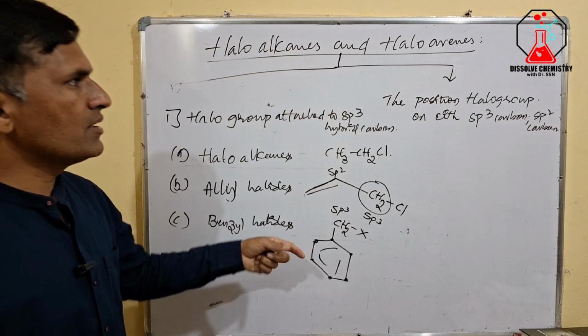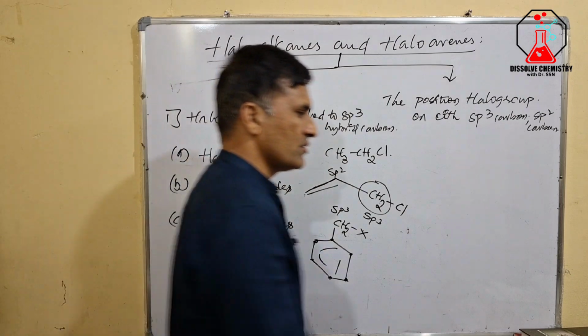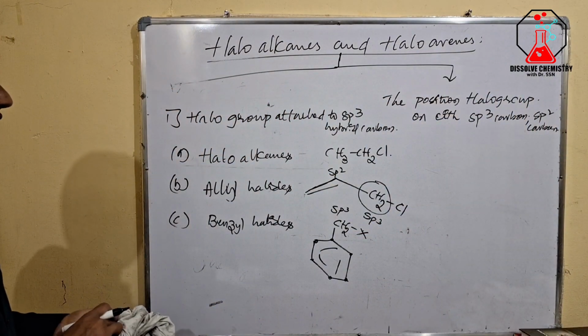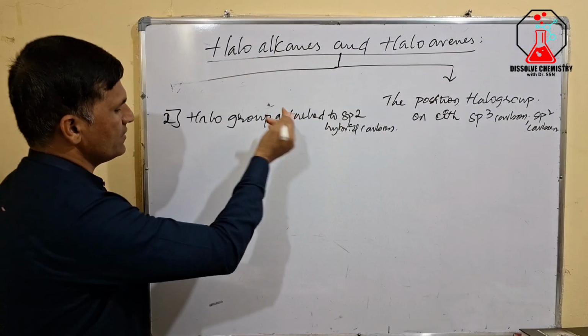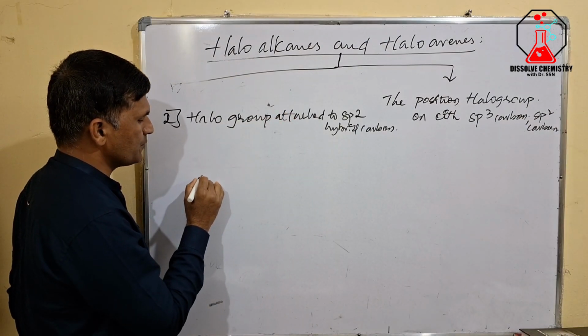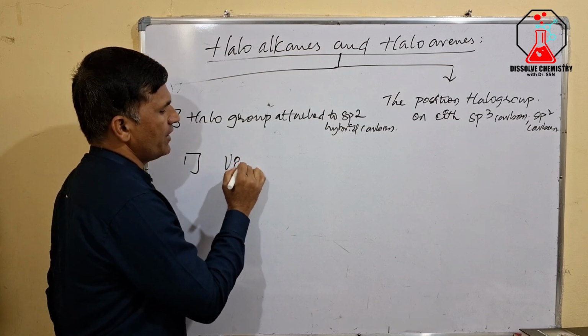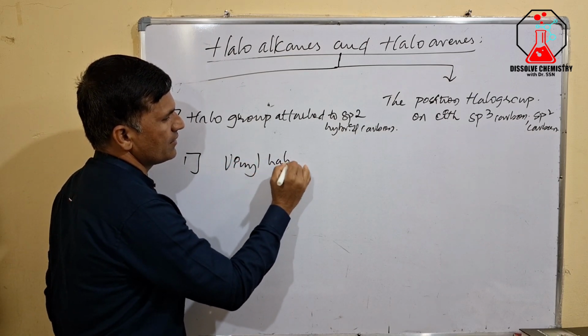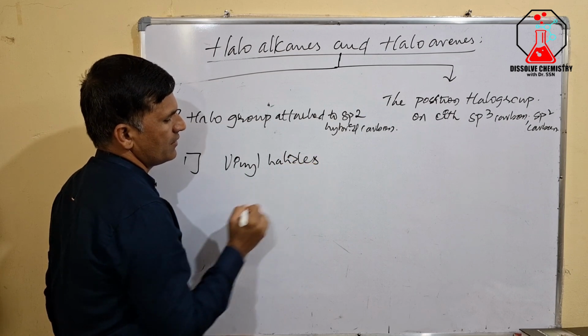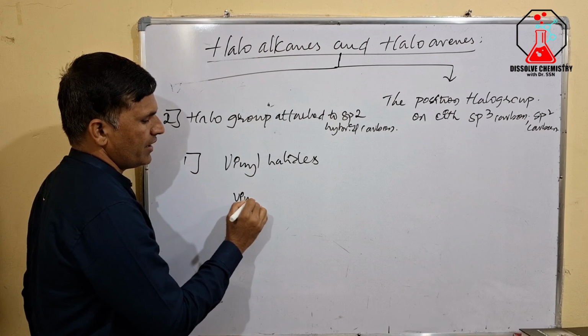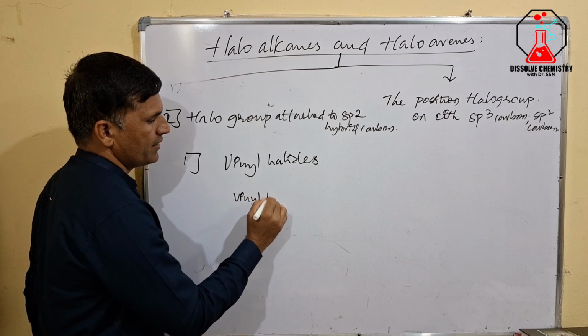Okay, so let us move on to the next, the halo compounds containing the halo group on an sp2 hybrid carbon atom. The first one we will take is vinyl halides. We can take examples such as vinyl chloride or vinyl bromide.